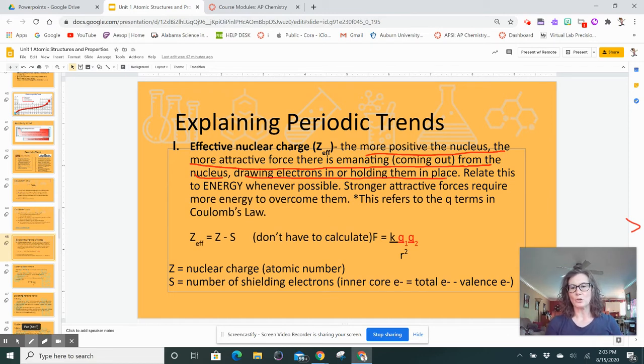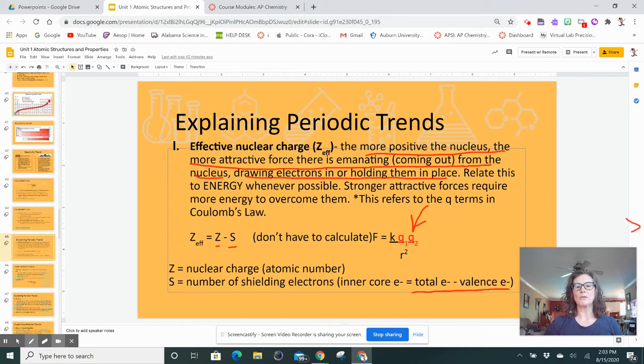This refers to the Q terms in Coulomb's law. So Z effective is equal to the nuclear charge minus the number of what we call shielding electrons, or inner core electrons. Inner core electrons would be the total electrons minus all the valence electrons.